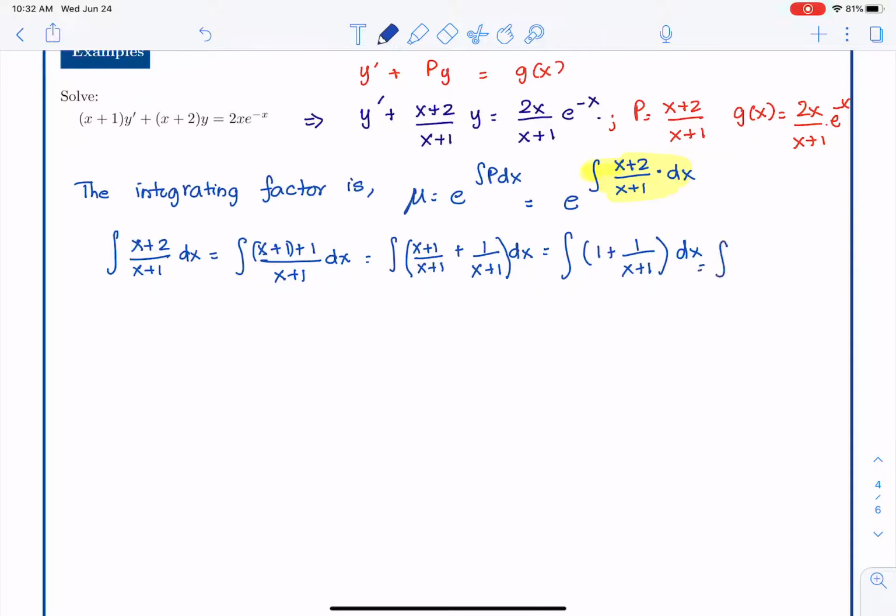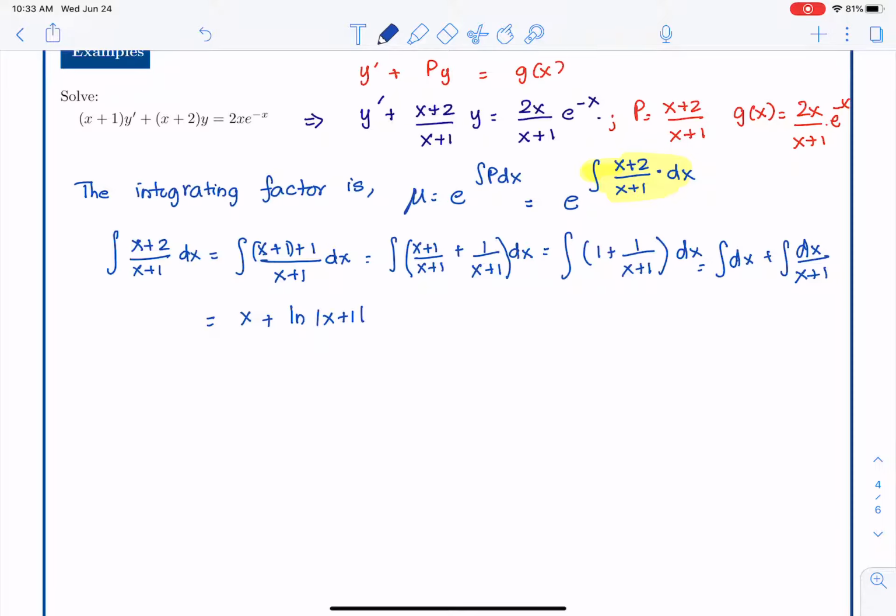Distribute, we'd have integral dx plus integral dx divided by (x plus 1). Integral of dx is simply x, and integral of dx over (x plus 1) is ln of (x plus 1).